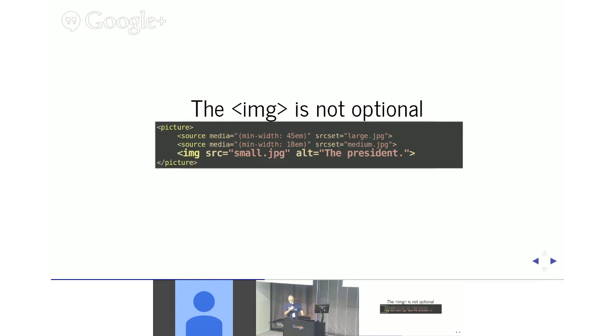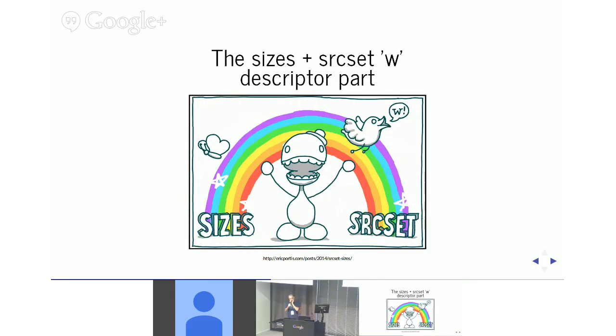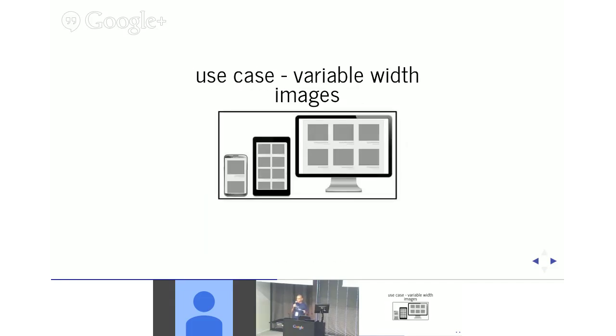And so moving on to the third and the most exciting part, in my opinion, is the sizes attribute and the W descriptor. Basically, it enables web developers to provide hints to the browser regarding what would be the image dimensions for certain responsive breakpoints. And the use case here is variable width images.